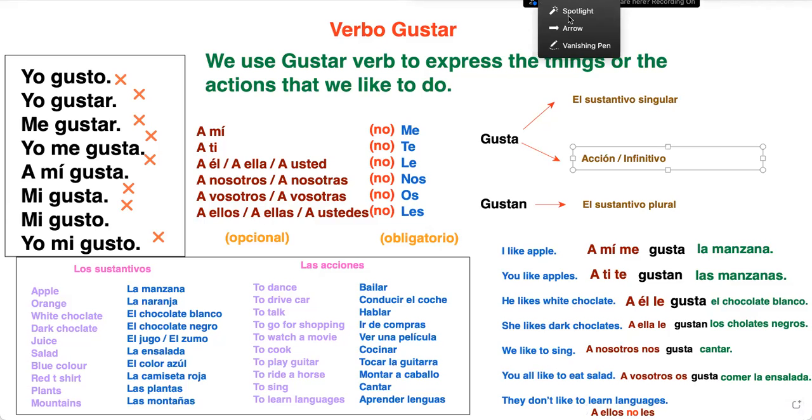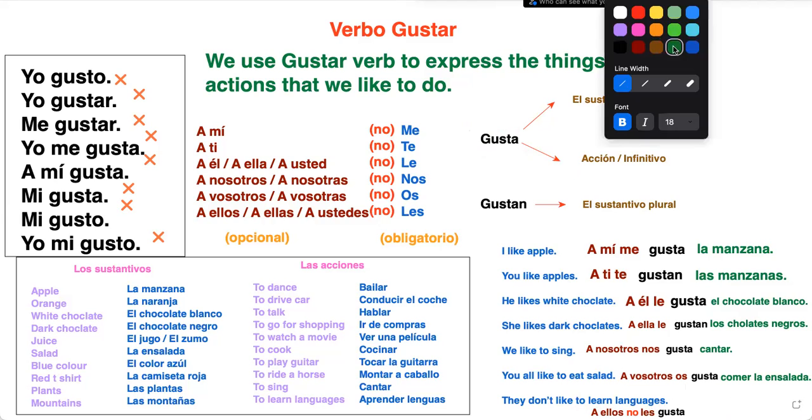So again, two possibilities, either gusta or gustan. To learn languages, but language is a plural word. It's okay, so what? We will not focus here. Where will we focus? Just after the verb like, gusta. What is it? It's an action. So if there is any action, anything that we like to do or anyone likes to do, we will use only gusta. And then what's the action? What is it talking about?